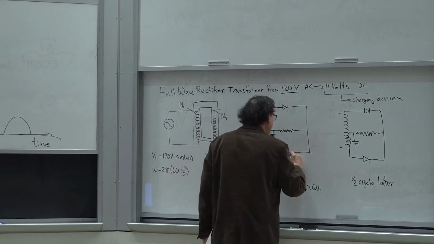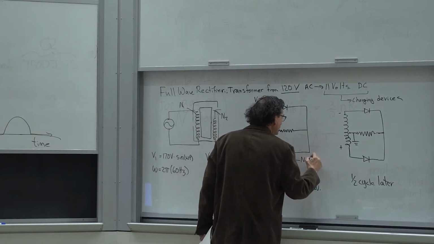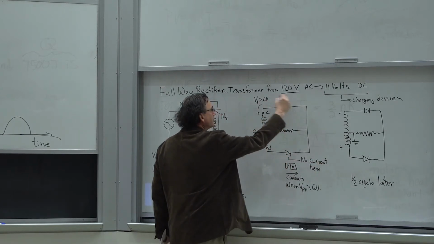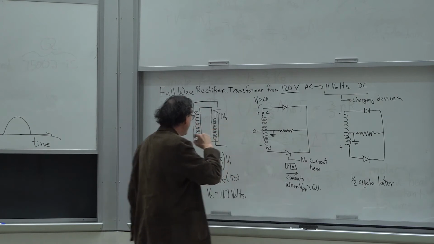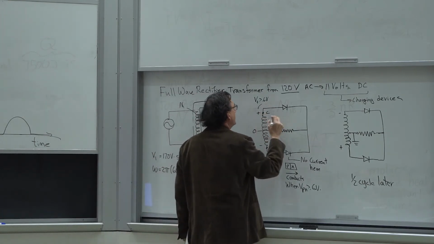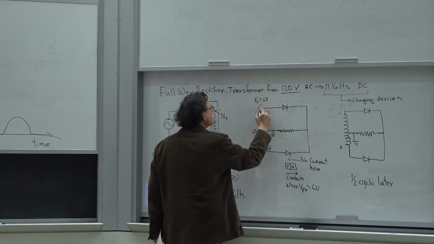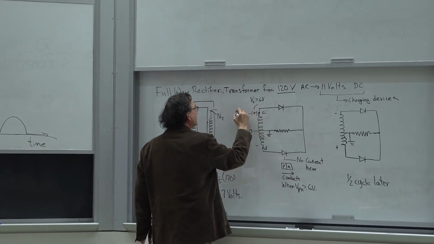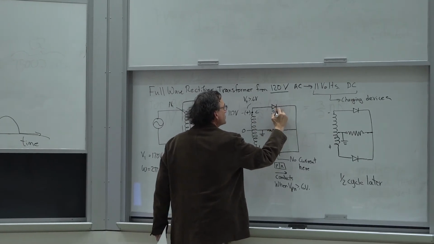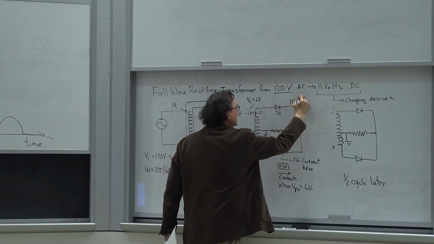So there is no conduction, no current through this leg. No current here. But there is current flow through here. Now, if I take my 11.7 volts coming off the top, let's say I'm at a maximum excursion of 11.7 volts here, it drops 0.7 volts, so now 11 volts on this side.